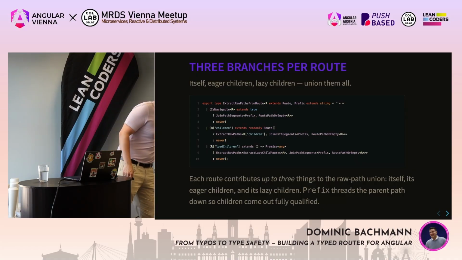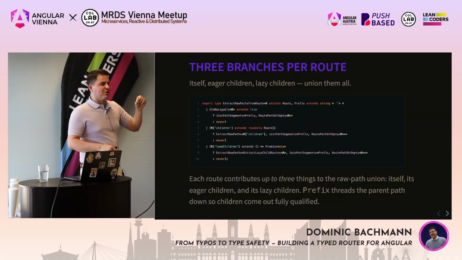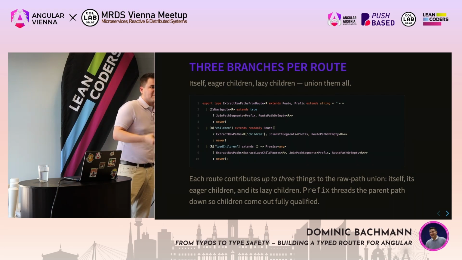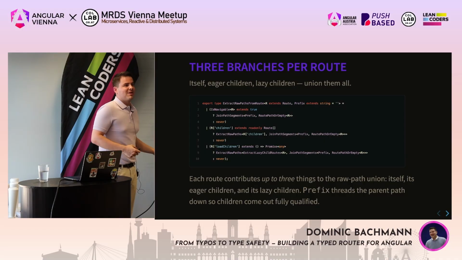You see it has a prefix property here because this is a recursive type. In the beginning it's obviously empty, and we just take the path itself from the route and add it to the whole thing. And then for the children we do the same.